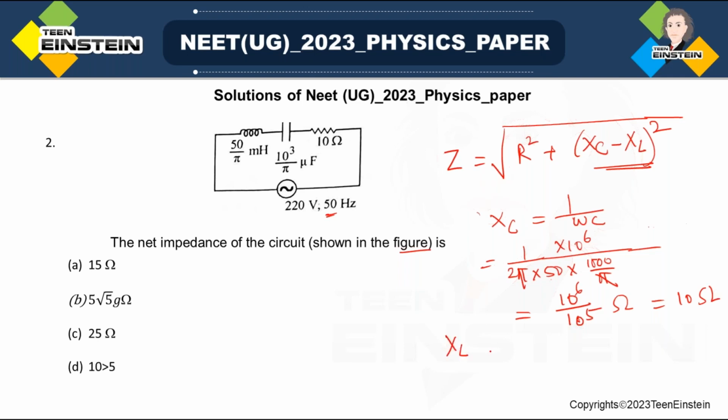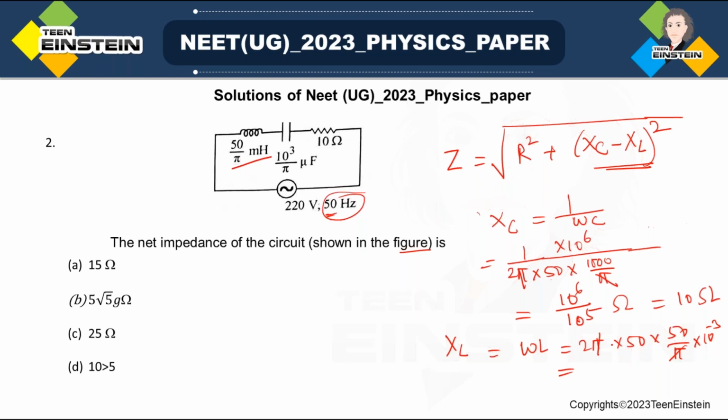Similarly, XL, if you want to find it, that is just omega into L. What is omega? As you know, 2 pi f, f is 50 hertz, and L is in millihenry. You can see it is 50 by pi millihenry, that means 10^-3. So this pi goes off.